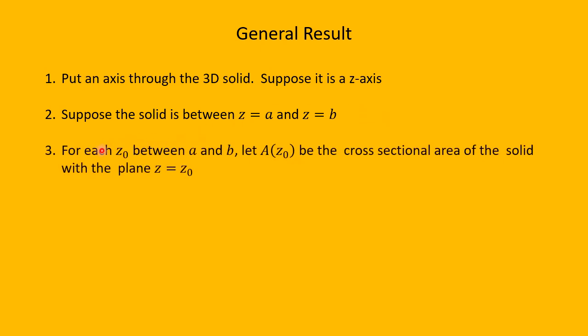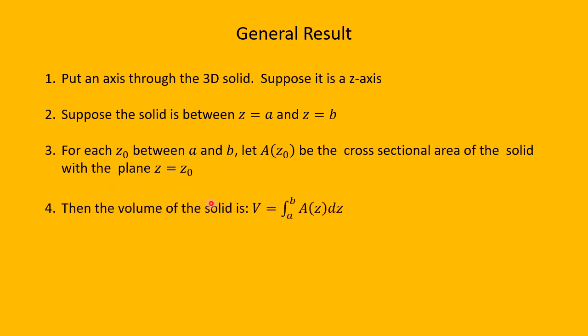And also, let's talk about cross sections. For each z0 between a and b, let A of z0 be the cross-sectional area of the solid with the plane z equals z0. So for each z0, we have a cross-sectional area.